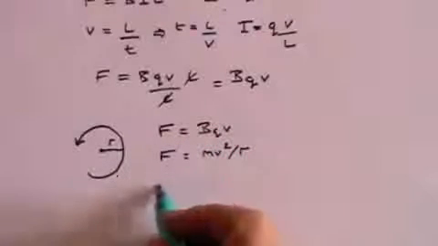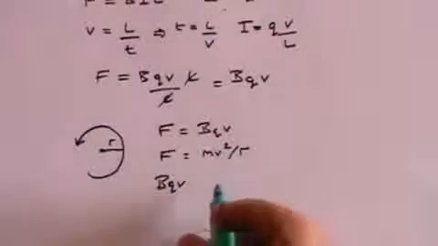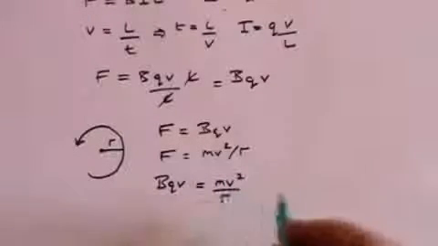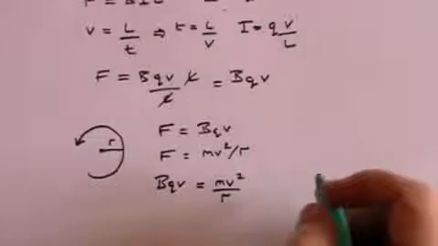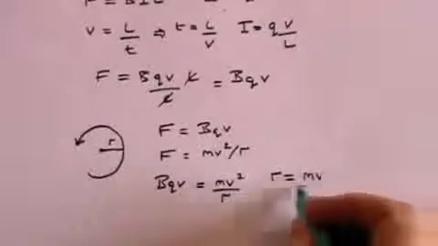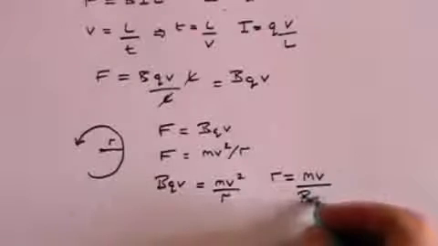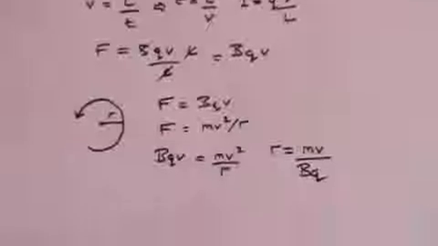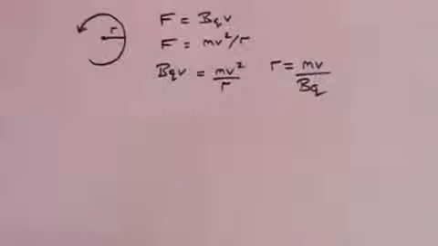That means that BQV is equal to mv squared over r. And if you rearrange that, you'll find that r is equal to mv divided by BQ. And this now gives us the capacity to separate out different velocities of charged particles.